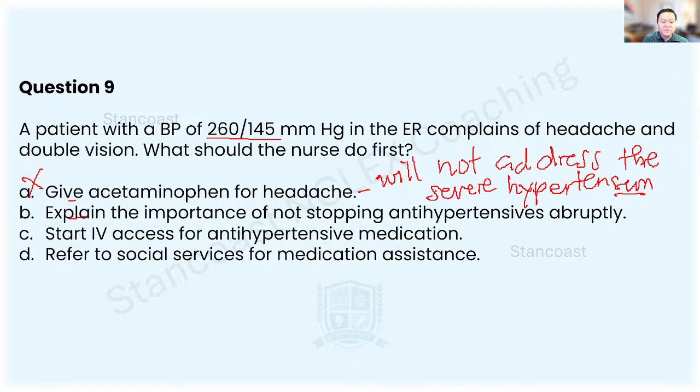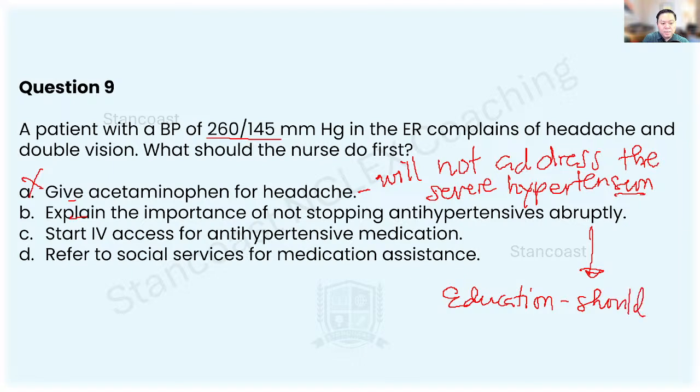Explain the importance of not stopping antihypertensives abruptly. Yes, education is important. However, education can be done after we have addressed the high blood pressure that is so high, 260 over 145.